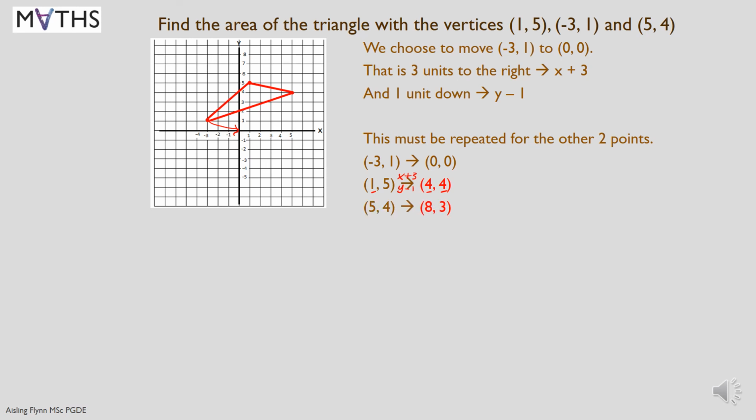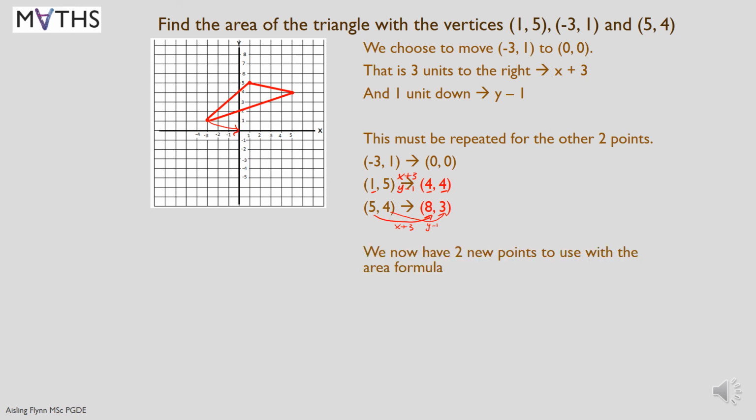All right, and the third point of the triangle, 5, 4, well, if we add 3 to the x value, x plus 3, 5 plus 3 is 8, and if we take 1 from the y value, we get 4 minus 1 is 3, so the new point there is 8, 3.